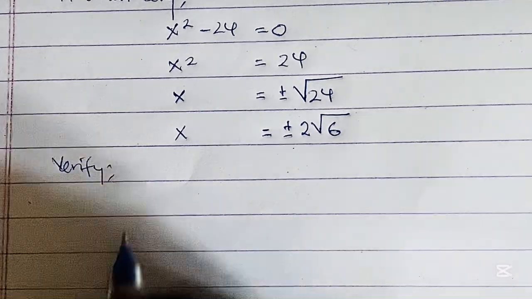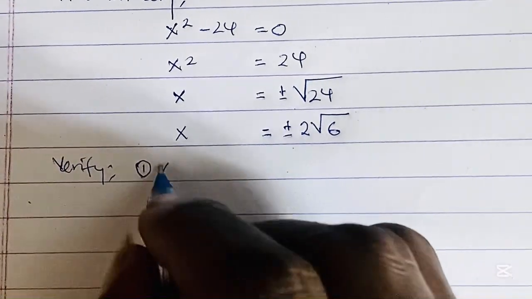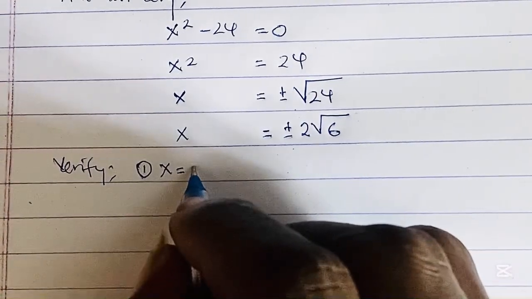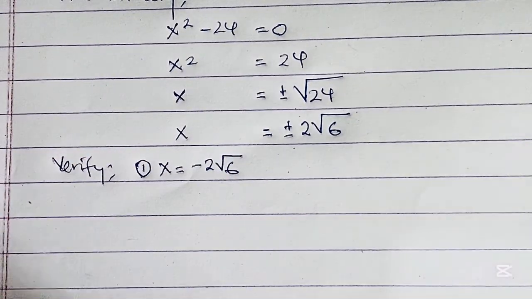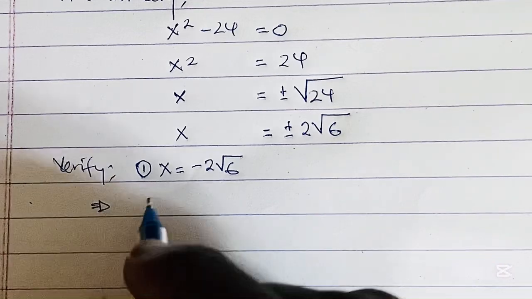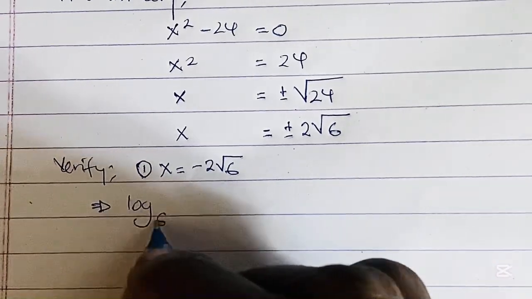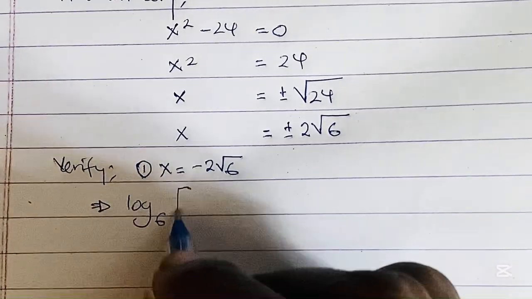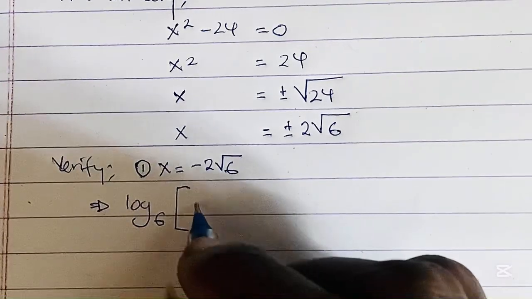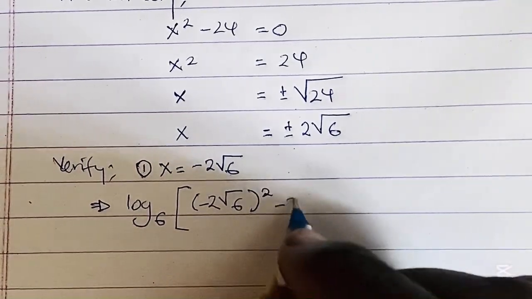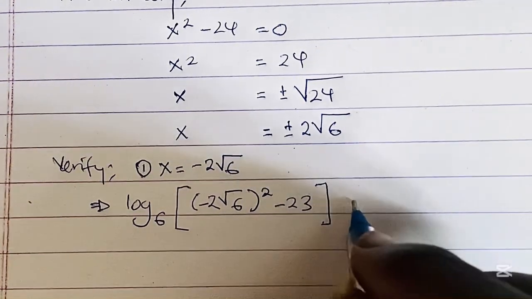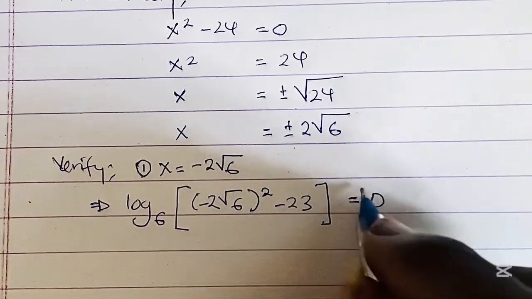So first one, x is equal to negative 2 root of 6. So from our equation, we had log 6 of negative 2 root of 6 squared minus 23 should be equal to 0.